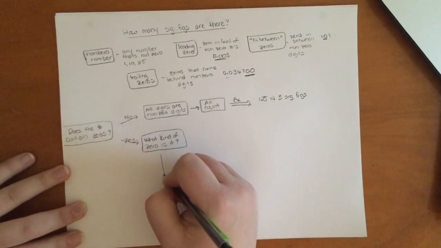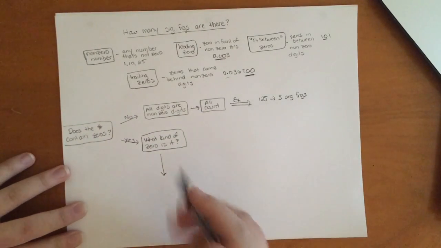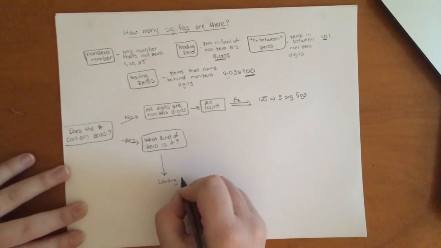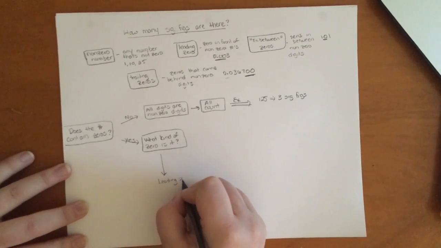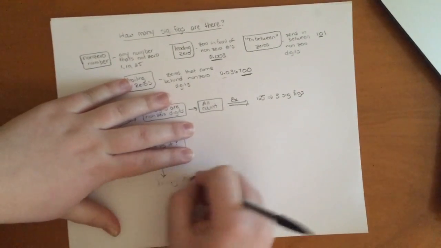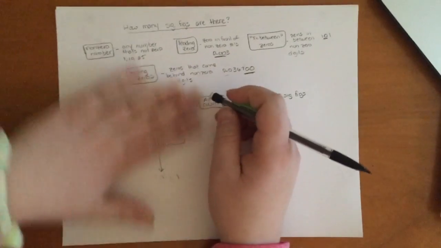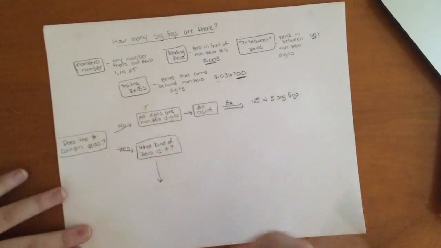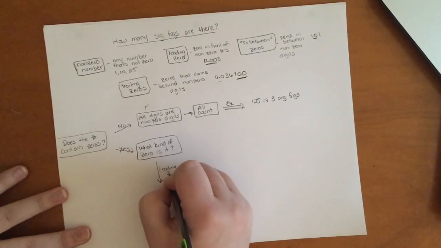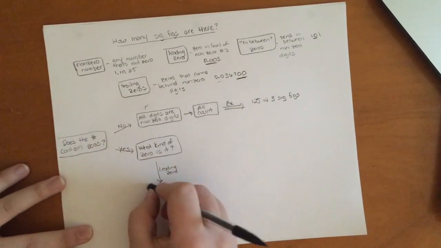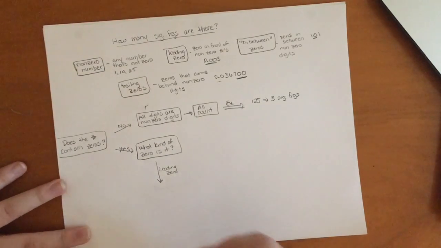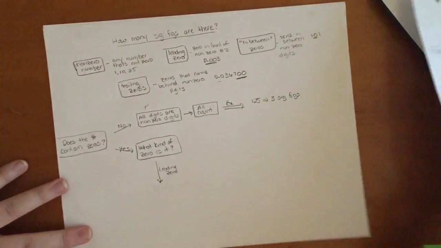For example, if it's a leading 0, well, leading zeros don't count.